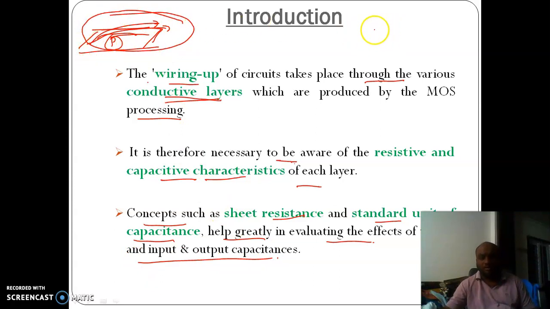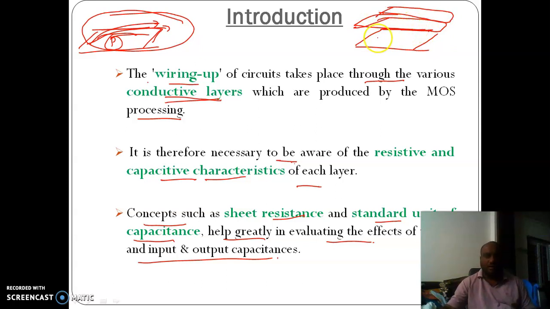It is not a normal conductive wire or a conductor. Instead, those are layers one above the other in order to fabricate a device. In order to evaluate the resistance and capacitances of these, we require the concepts of sheet resistance and standard unit of capacitance. So in this topic, we deal with sheet resistance.